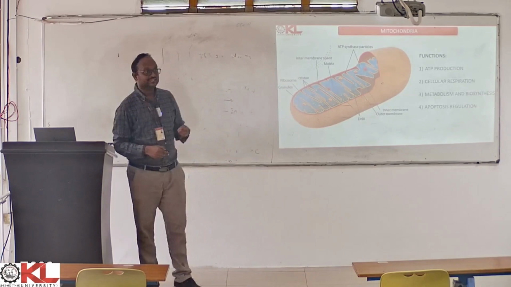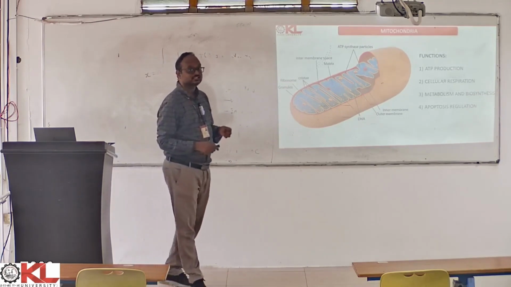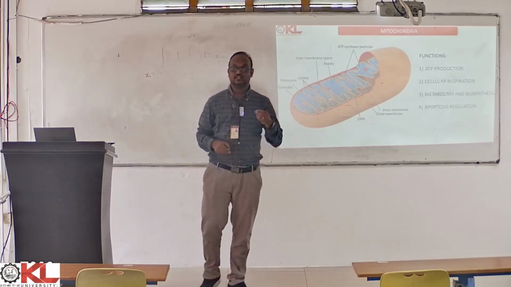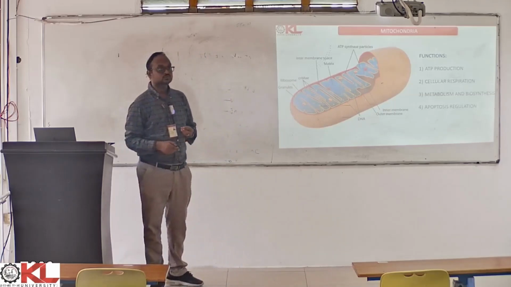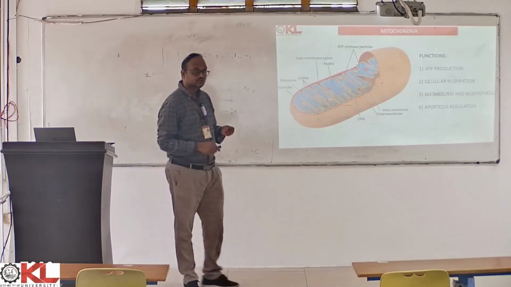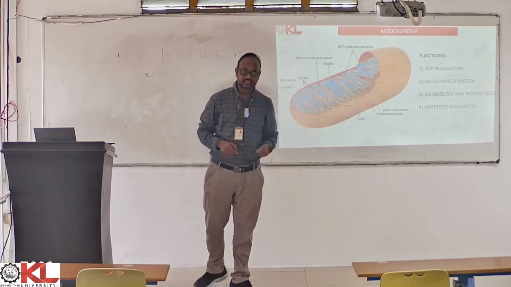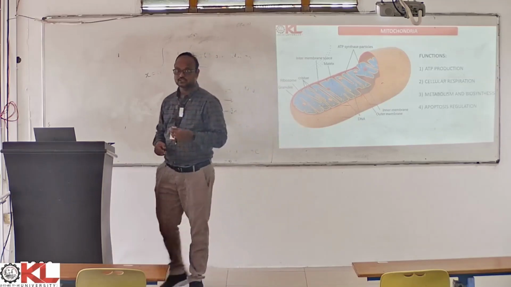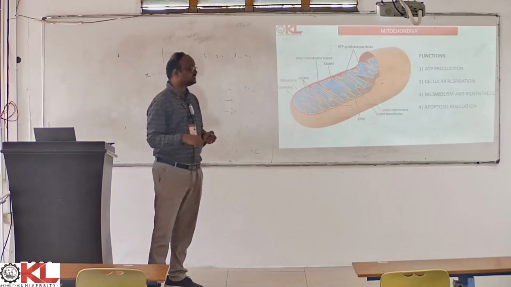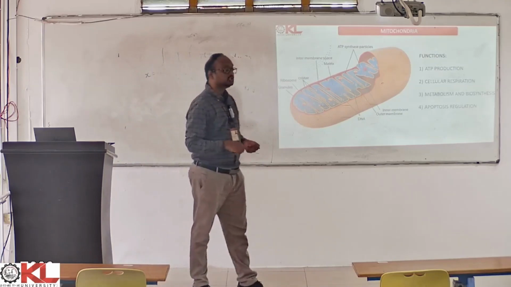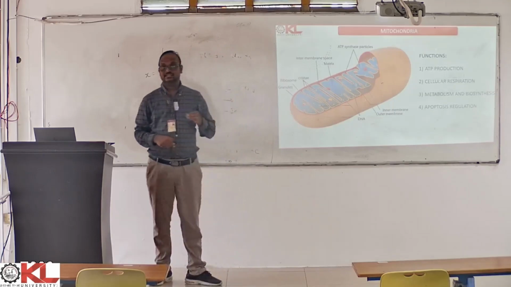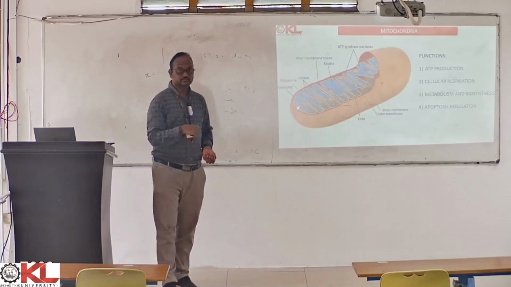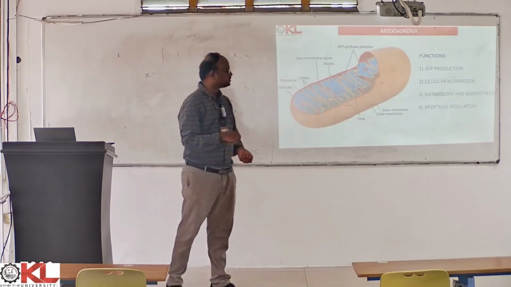Because it has the ability to synthesize the energy molecules required by the cells. The energy molecules inside the cell are in the form of ATP. Since it can synthesize this ATP, it's called the powerhouse of the cell. All the ATP inside the cell is synthesized by this organelle called mitochondria.